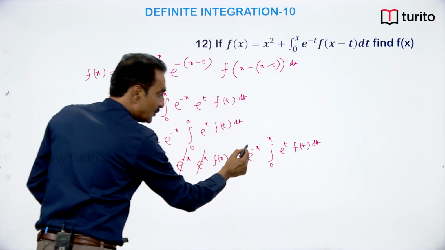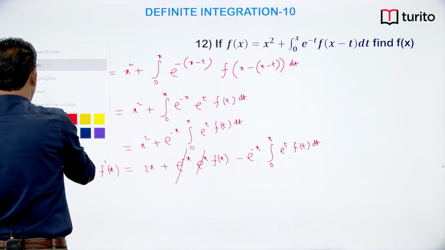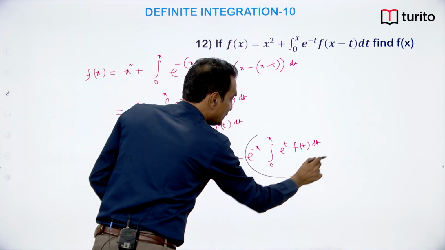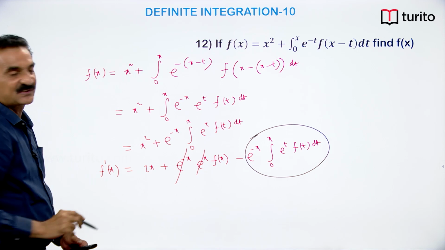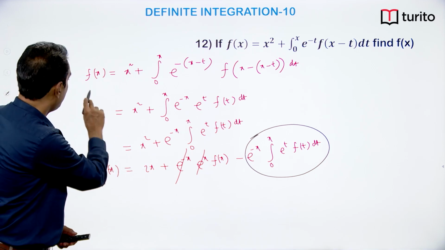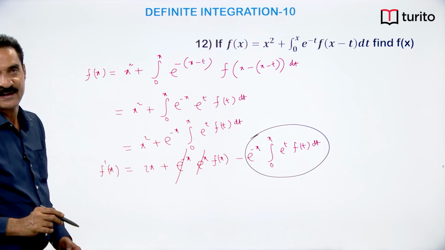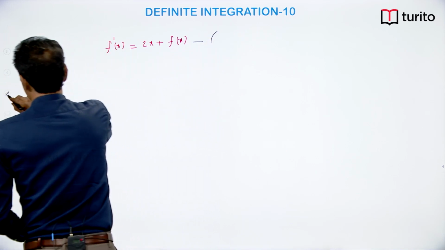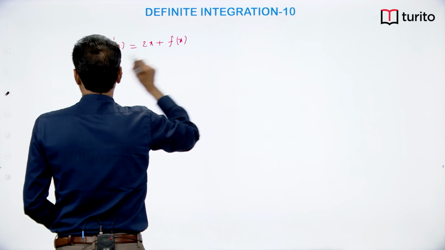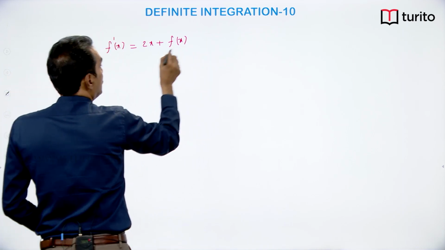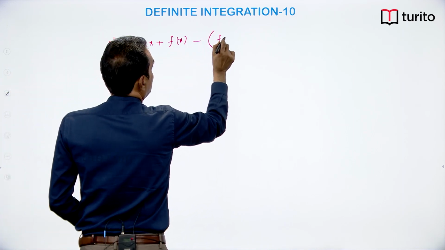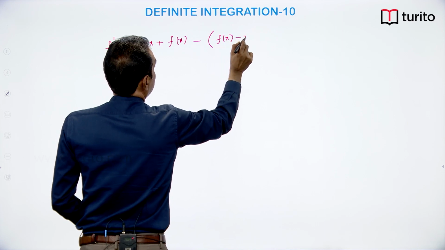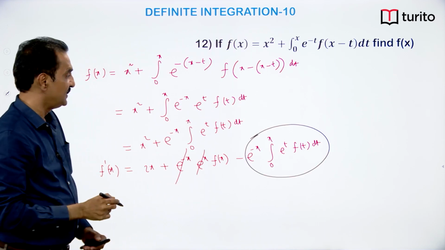I can substitute the value of this from the previous step. From the previous step, what is the value of this? f of x minus x square. So, here minus of f of x minus x square, understood?